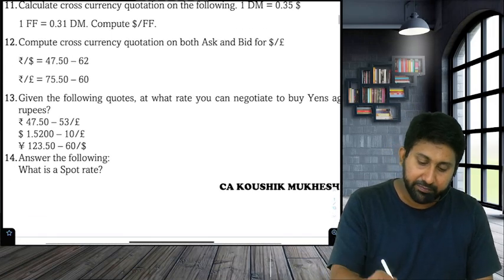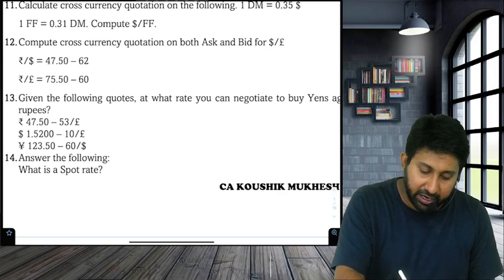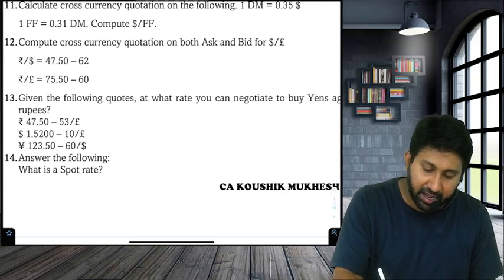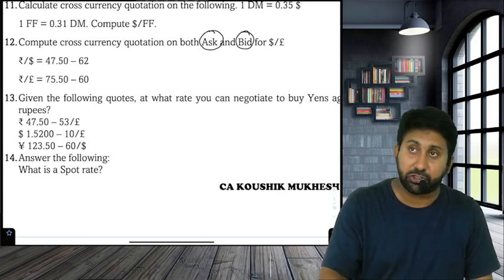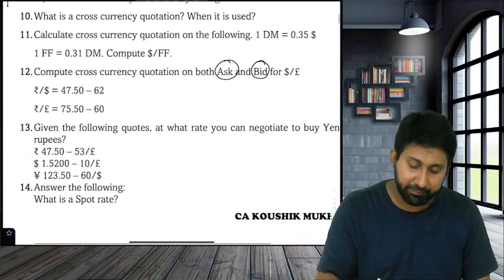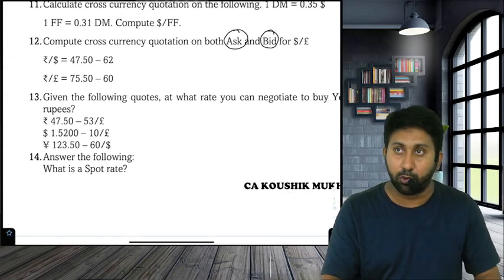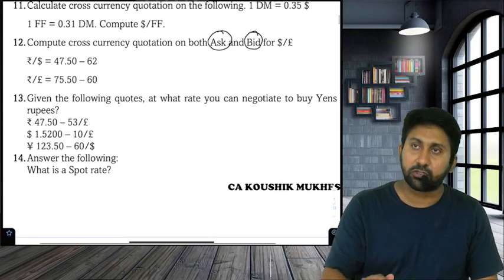See here. We are asked to calculate both bid and ask. In the previous question, it was only a single quotation. Now this is a dual quotation. Two-way quotations are given. In this case, how to do it?